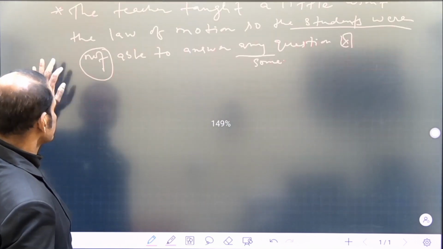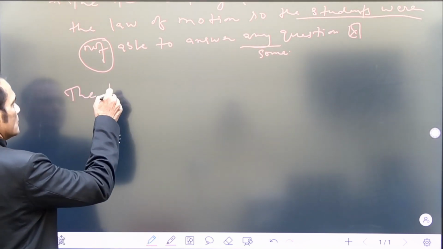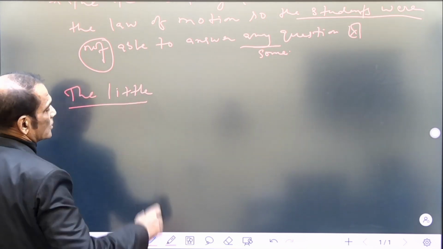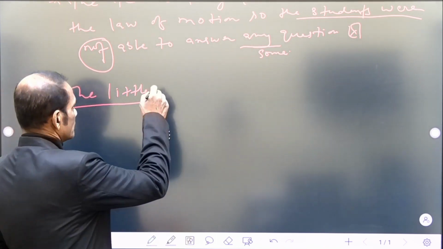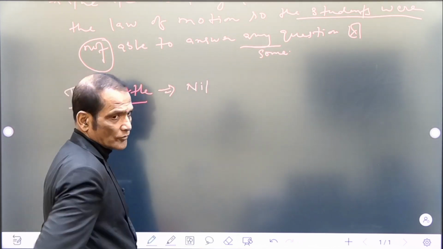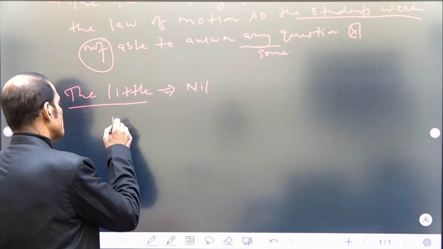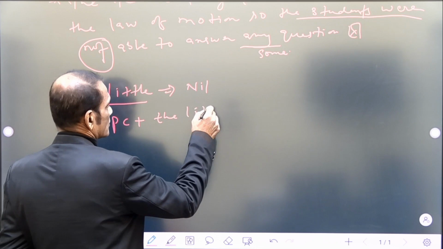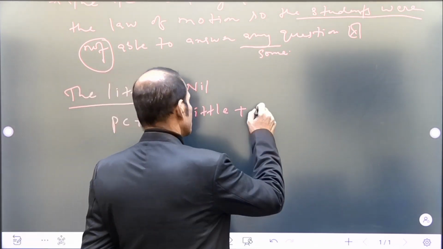Now the little. Dear, the little is also used with uncountable noun, in the sense of nil, you mean nothing. So if your PC has the little, you mean PC plus the little. The subordinate clause is started with that.